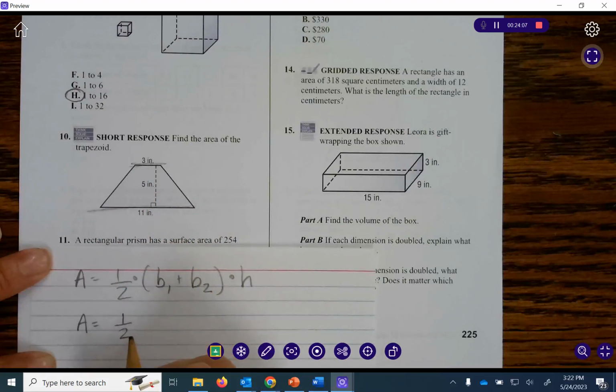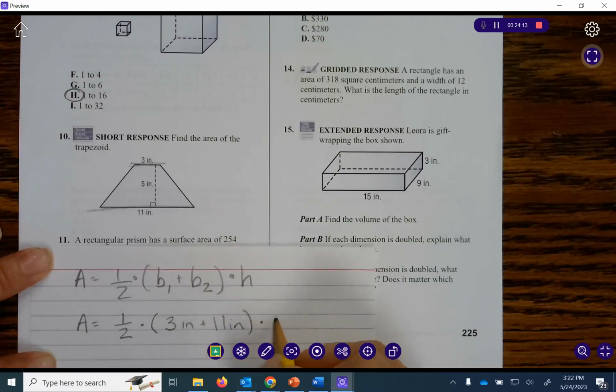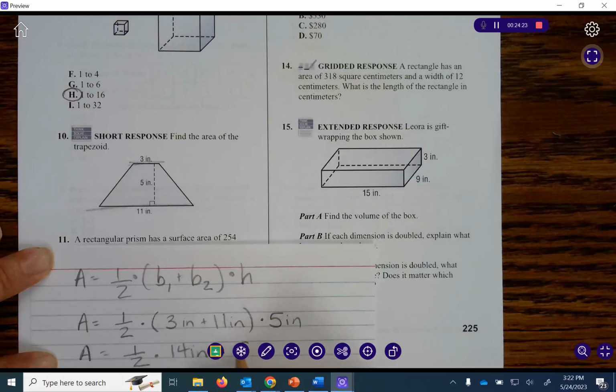So it's 1/2 times 3 inches plus 11 inches times 5 inches. So area equals 1/2 times 14 inches, remember adding, times 5 inches. Area equals 7 inches times 5 inches. Area equals 35 inches squared.